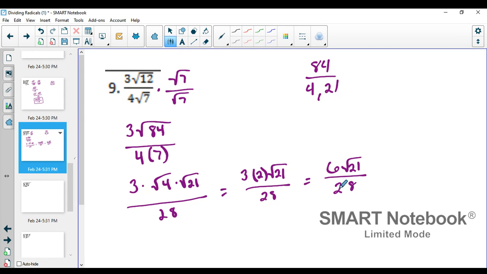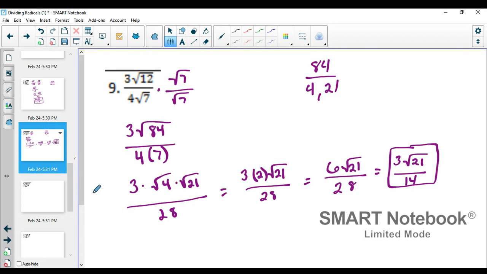And there is one more step to this one because 6 and 28 are both even, so we can divide them both by 2, so we're left with 3 square root of 21 over 14. And that is our final answer.